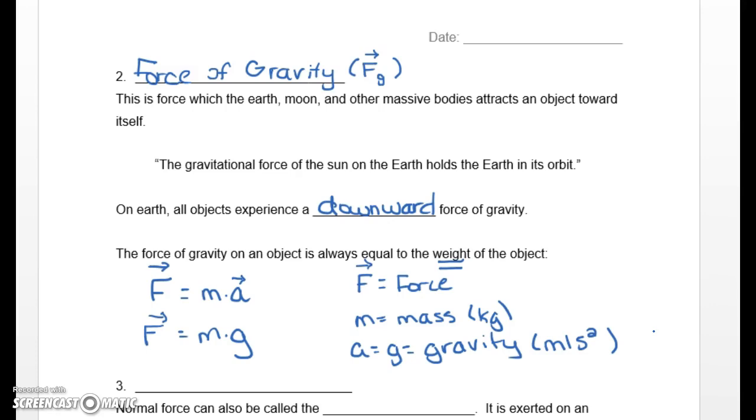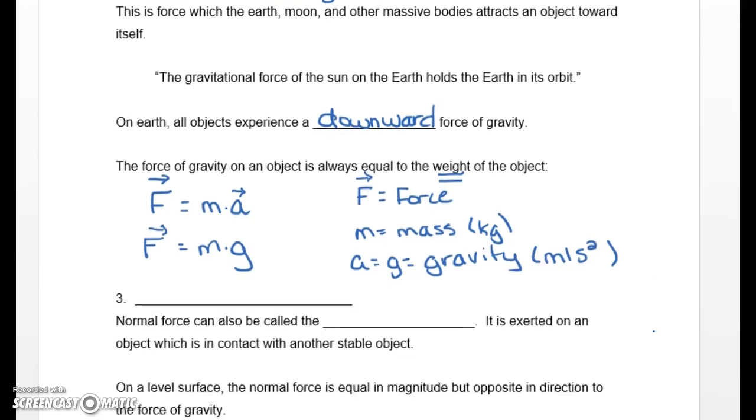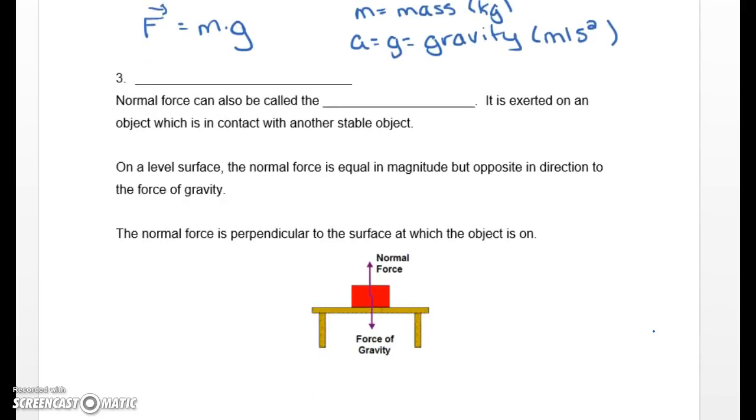So far we've talked about two types of forces. We have our applied force, which is the force that you would push onto an object, and the force of gravity, which is the gravitational pull from some large body, say like Earth. The next one we're going to talk about is called your normal force.